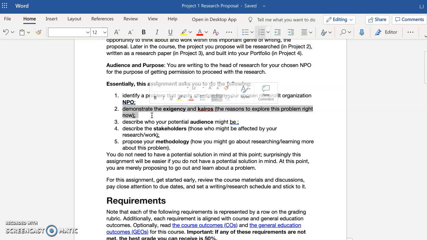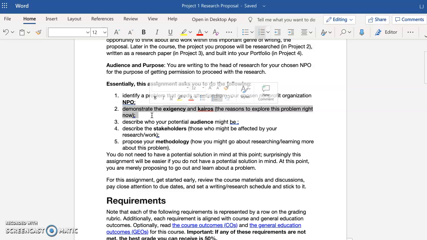If we take the example of the farmers who need legal help, let's say you want to research the problem that we can't find the farmers who actually need the legal help. Maybe that's your problem.